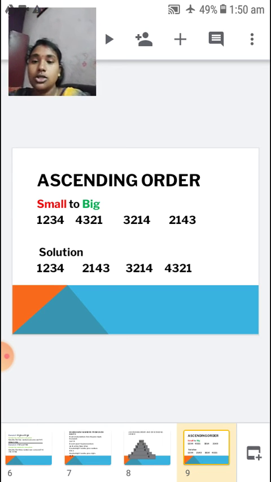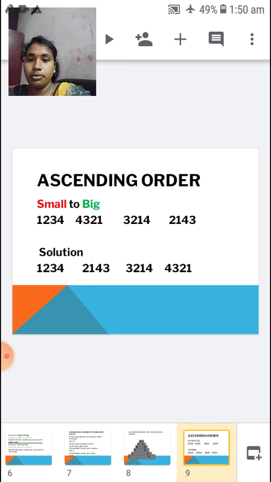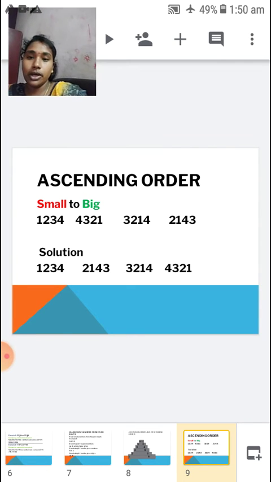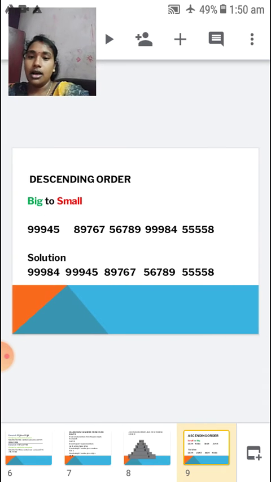Okay, children? So always remember that ascending order means starting from the smallest number to the biggest number. Okay, so now we are going to see descending order.